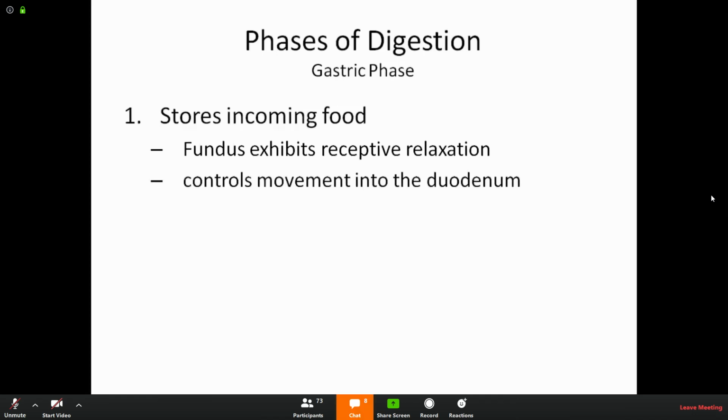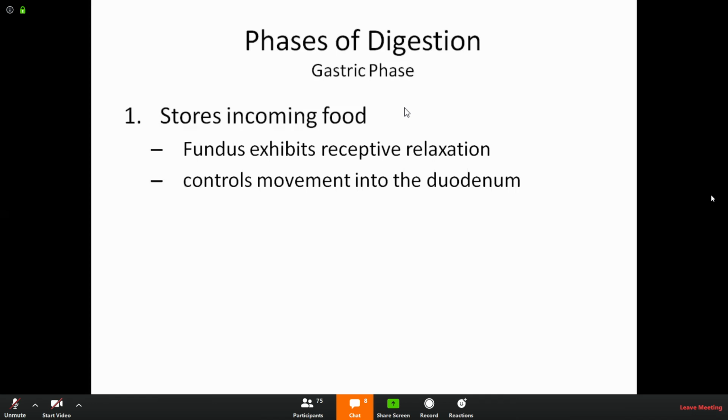And it also helps in controlling the movement of the chyme into the duodenum.